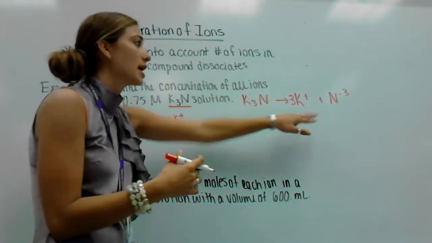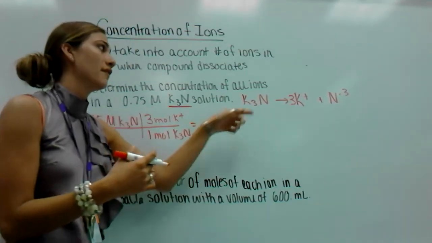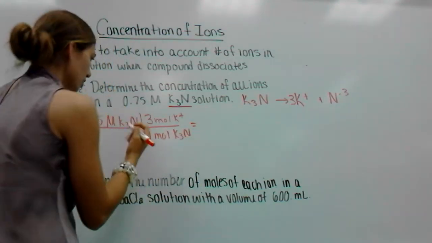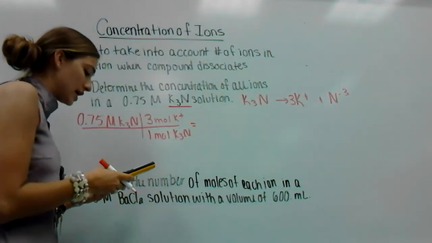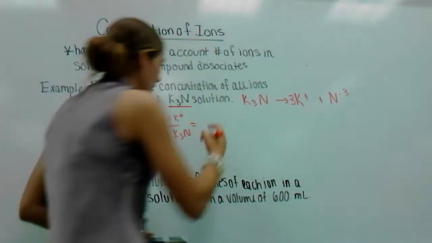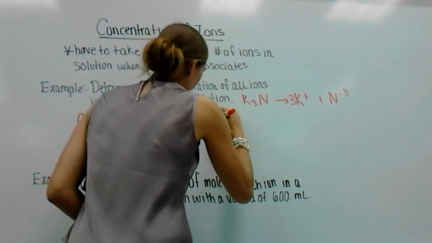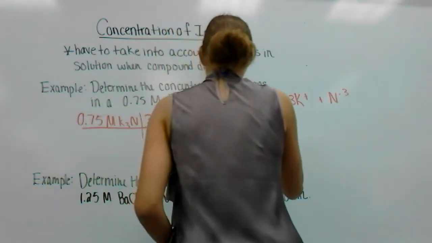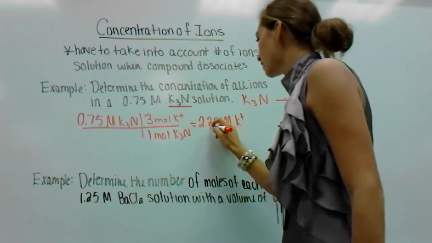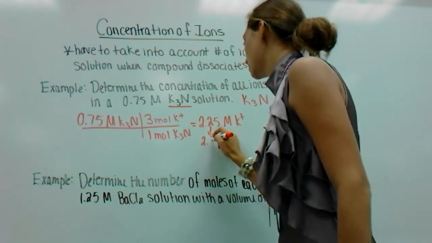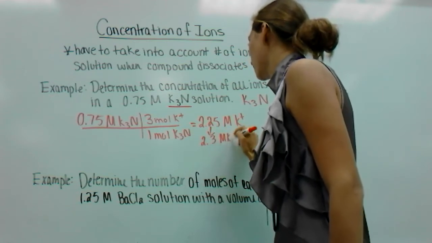The concentration of our potassium ion is going to be triple that of our K3N. So what you're going to have to do is multiply 0.75 times 3, and you're going to end up with 2.25 molar K plus. Now if we were using our significant figures here, it would turn out to be 2.3 molar K plus.